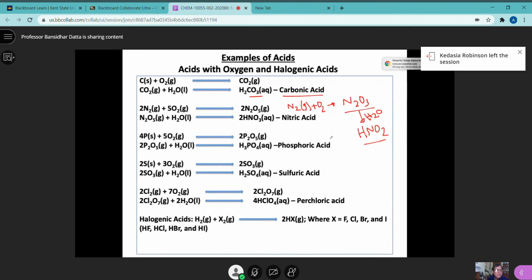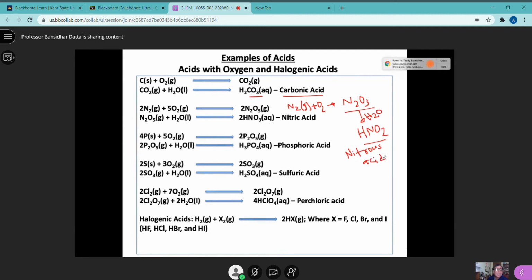So nitrogen plus oxygen make two oxides. It makes many, but two of them are important in terms of the acids. Nitrogen gas plus oxygen, not balanced here, you get N2O3, nitrous oxide. Nitrous oxide dissolves in water, makes the nitrous acid. Nitrous acid, with an ous.